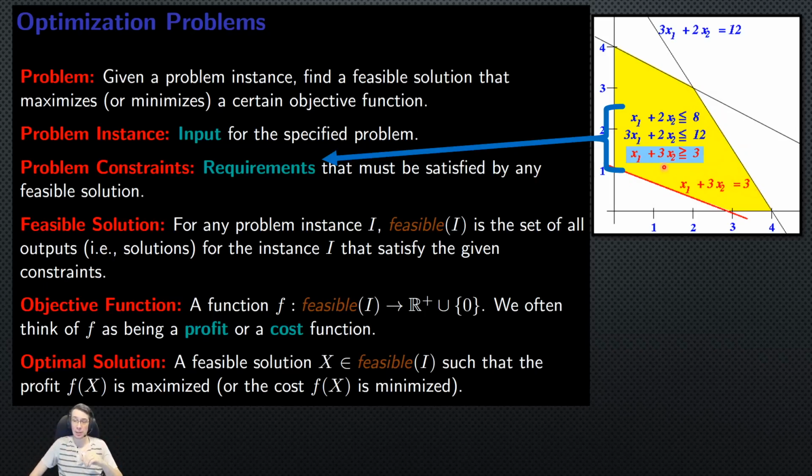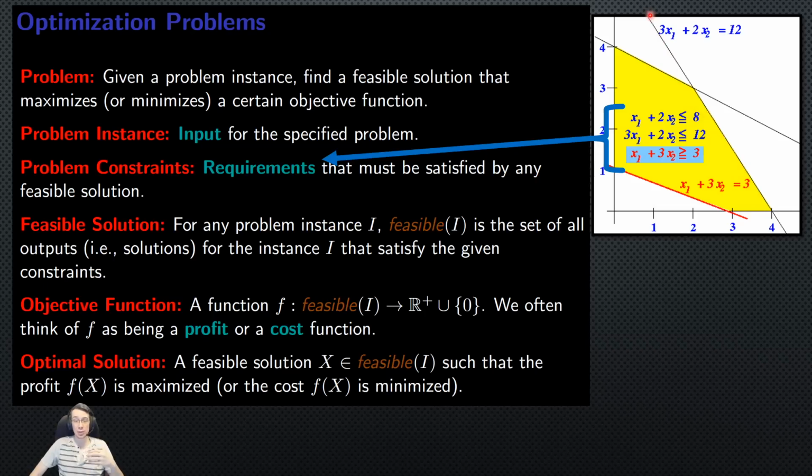So for example, x1 plus 3x2 greater than or equal to 3 is the half space to the north up from this line, x1 plus 3x2 equals 3. And then you have this line, 3x1 plus 2x2 equals 12. If this inequality says we should be less than or equal to 12, then this constraint represents the half plane to the left of this diagonal line here.